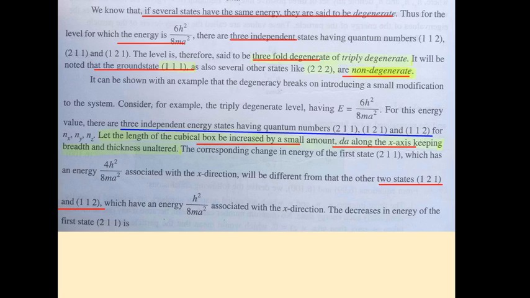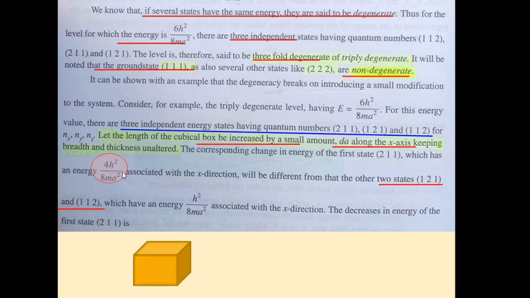How shall I understand how I am able to resolve these 3 states? I understood that 211 has the energy associated in the x direction of 4h square upon 8m square.